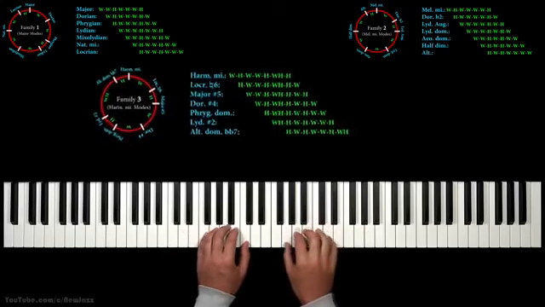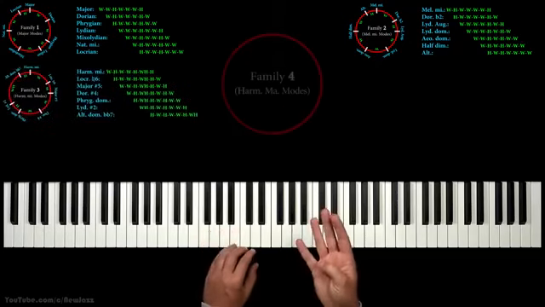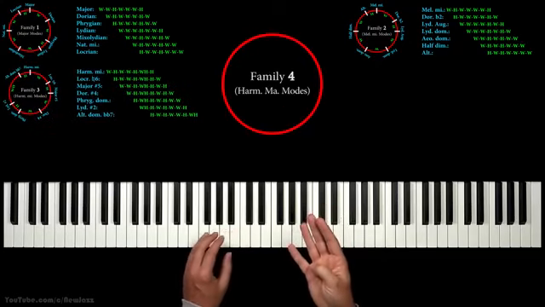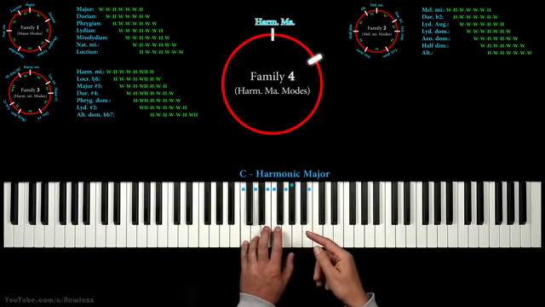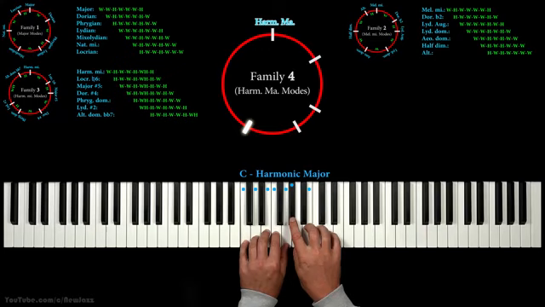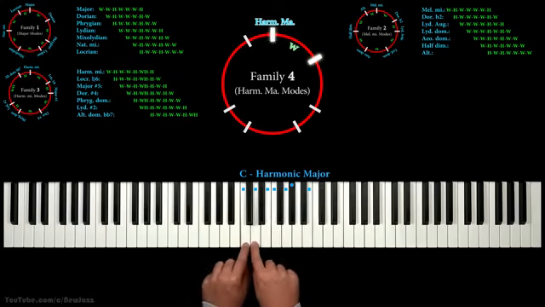Now, let's move on to family 4. This is the harmonic major scale. This scale contains a brand new interval pattern.